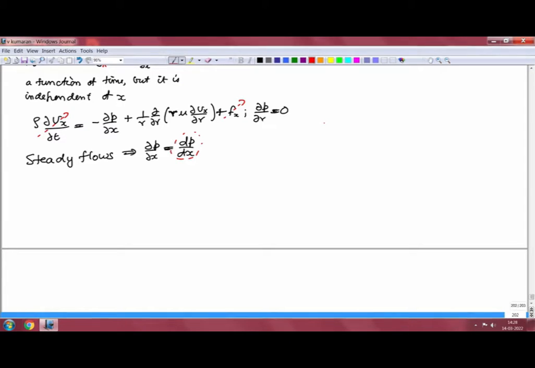So, the equation reduces to 0 is equal to minus dp by dx, plus, for a constant viscosity system, mu by r d by dr of r dVx by dr. Total derivatives here, because Vx depends only upon r, it is independent of x. P depends only upon x, it is independent of r, and the derivative is a constant.